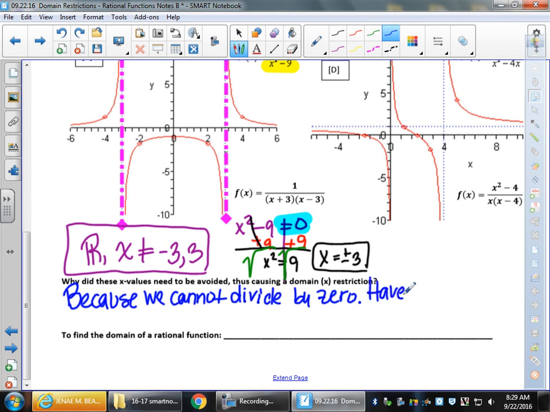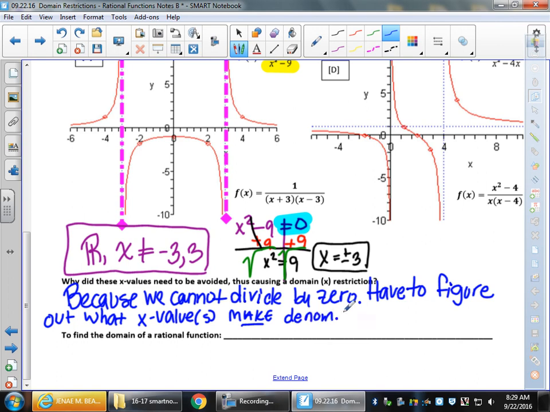We have to figure out what x value or values, so I'll put S in parentheses, maybe it's 1, maybe it's more, we have to find out what x values make the denominator equal 0 and exclude.